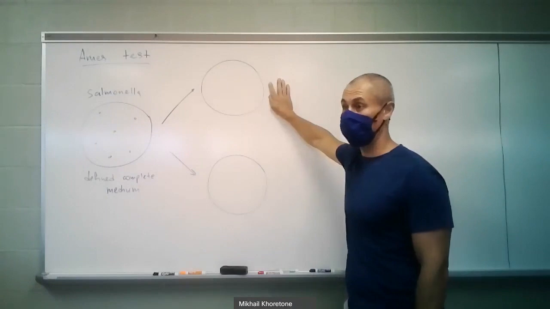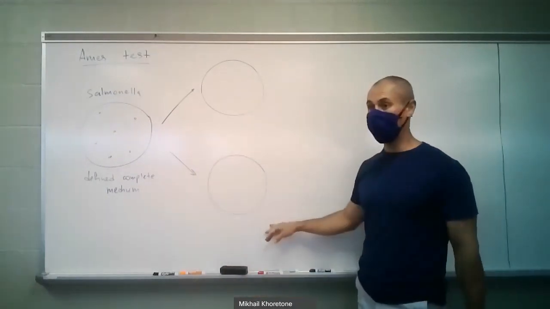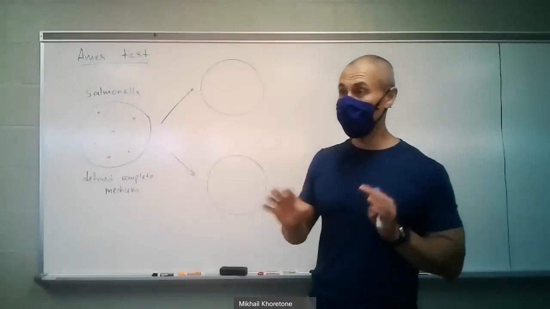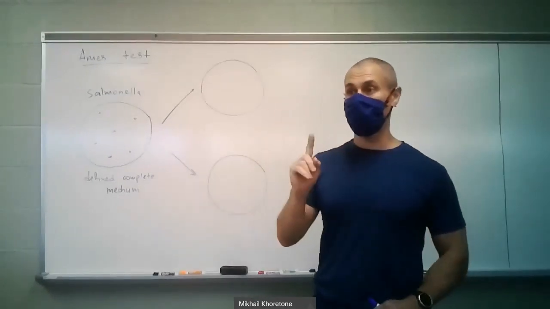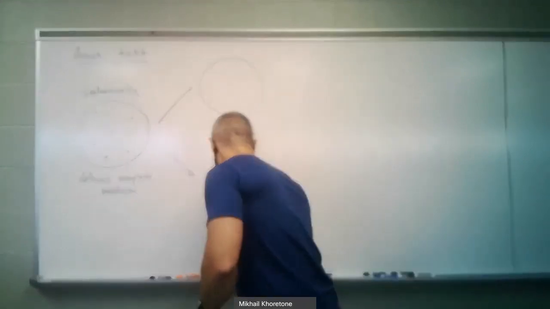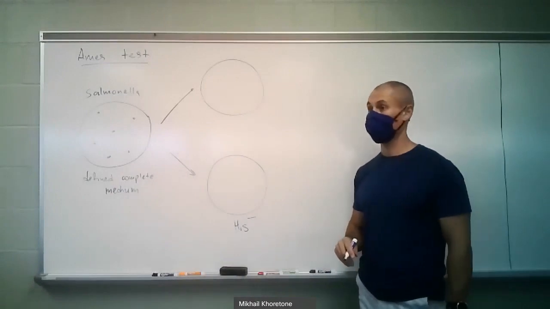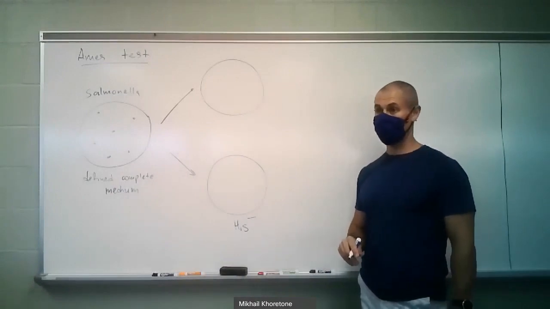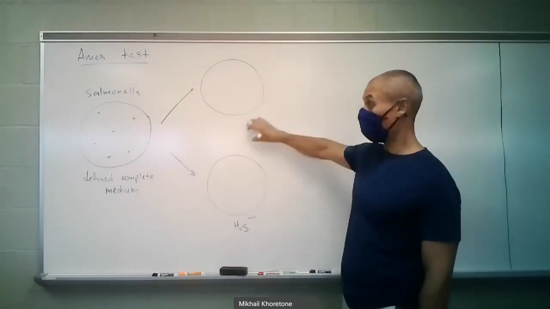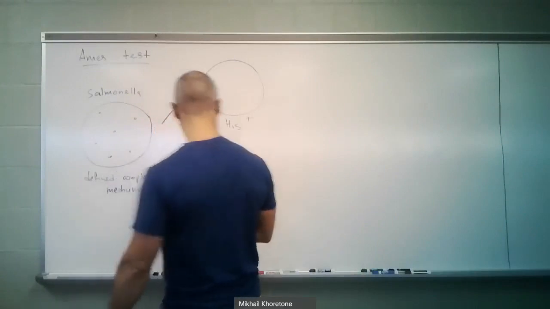The top plate is the same defined complete medium. And the bottom plate, same medium, but without one amino acid, without the amino acid histidine. So we're going to say that this is histidine negative medium. Does that make sense? And this, we're going to call it histidine positive. Okay?